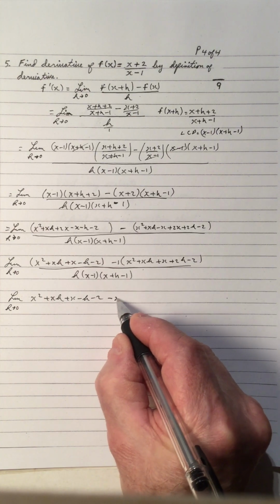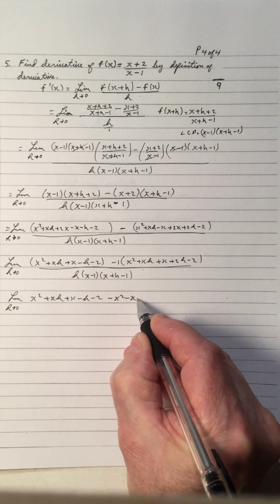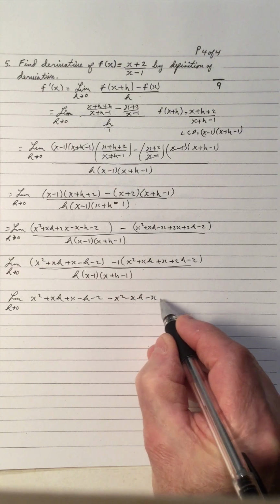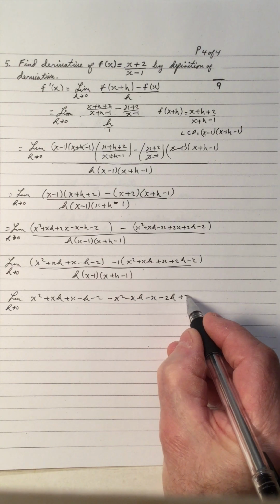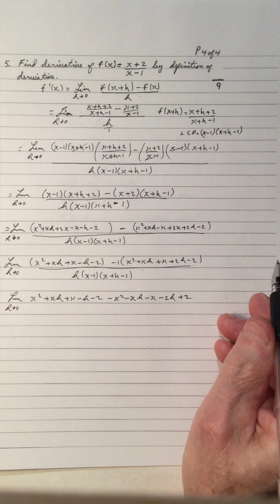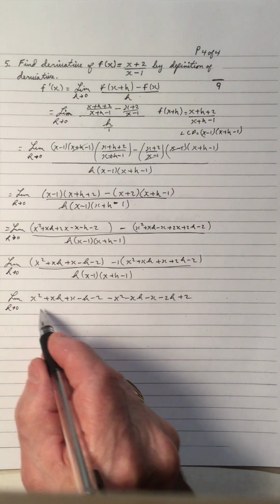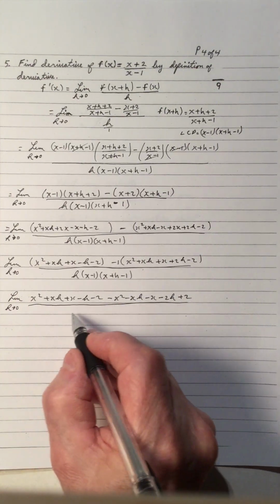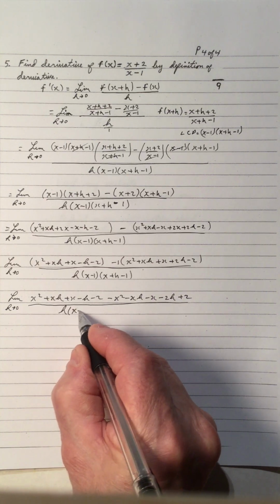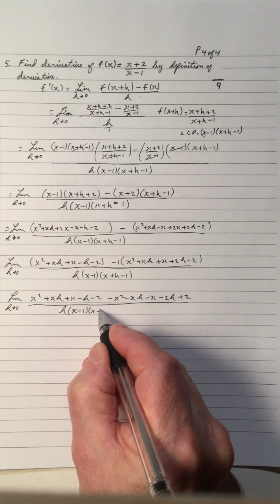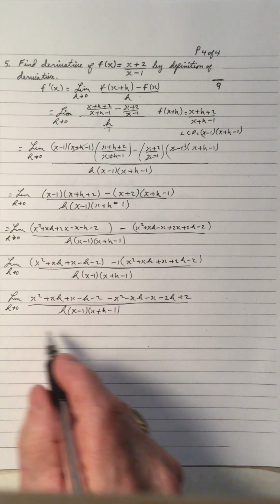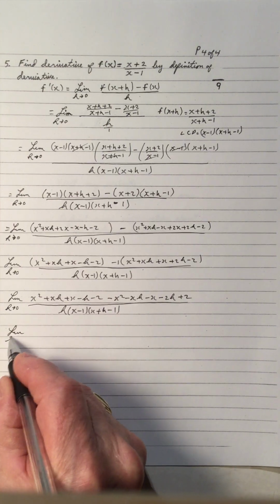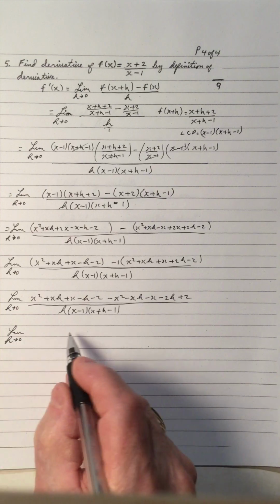So it's a negative x squared minus xh minus x minus 2h plus 2. And that's all over h times x minus 1, x plus h minus 1. So again, just a little bit of work, but it's good math.